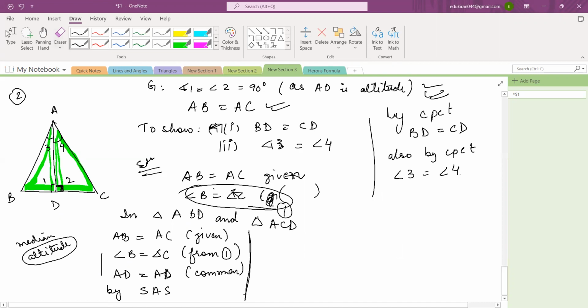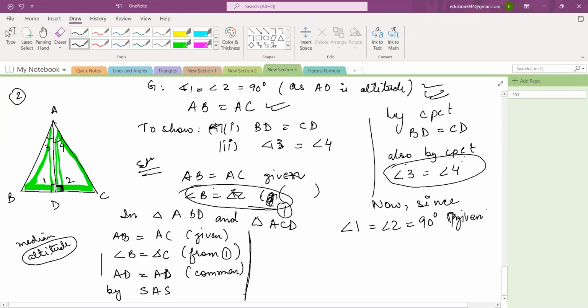We have shown that angle 3 is equal to angle 4. Now, since angle 1 is equal to angle 2 is equal to 90 degrees, which is given, this implies that AD is perpendicular to BC.